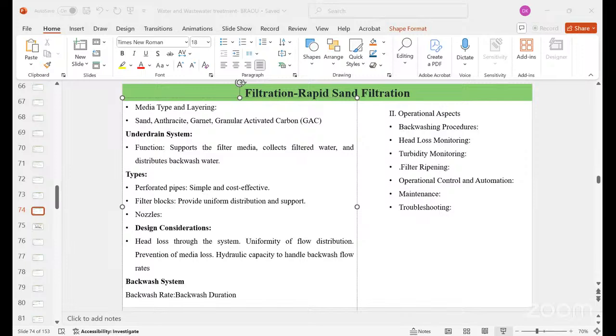Slow sand filters are known for their straightforward design and reliable operation, and they require minimal mechanical parts or chemical additives. The biological process is the key to slow sand filtration, with the development of a biological layer called the schmutzdecke on the surface of the sand bed. This layer contains a complex community of microorganisms which break down the impurities.